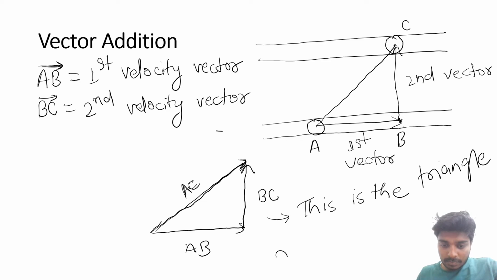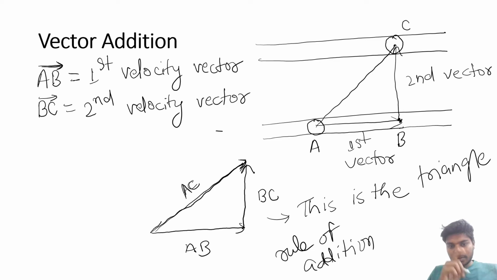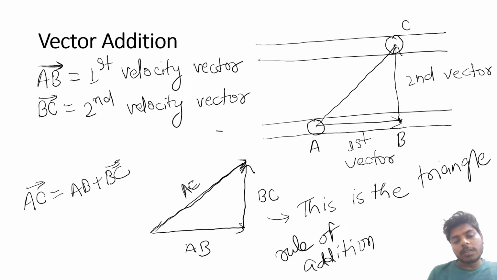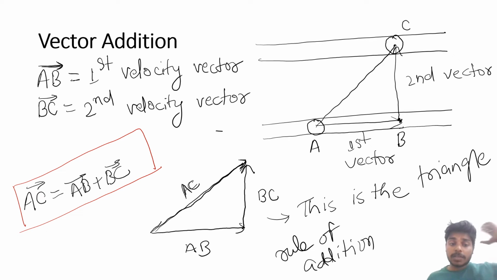That is, AC vector is equal to AB plus BC vector, where AB is the first vector, BC is the second vector, and AC is the resultant vector. This is what the triangle rule of addition is.